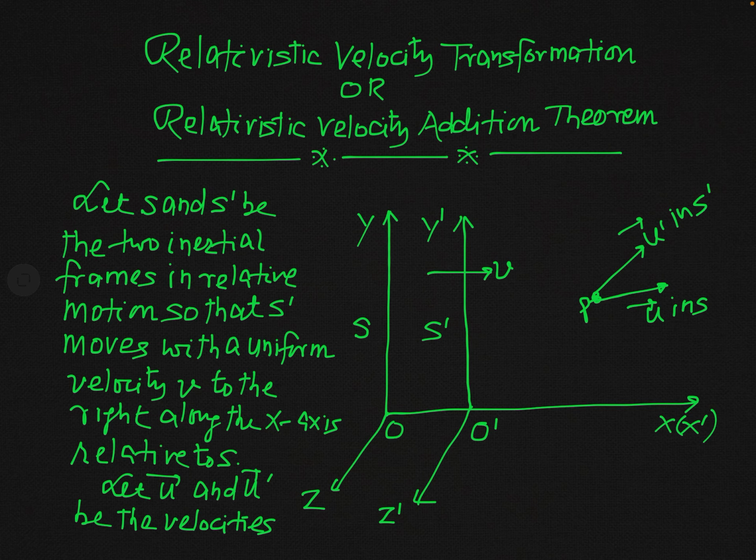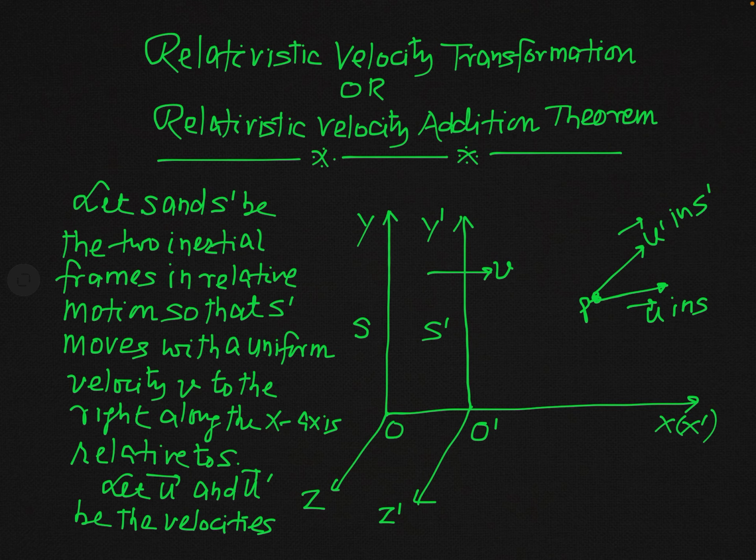Actually, such velocity transformation equations are found by the use of Lorentz transformations, and we will see that when we obtain the velocity transformation equation on the basis of the Lorentz transformation equations, the result obtained will satisfy the condition that the speed of light in free space in all inertial systems remains invariant.